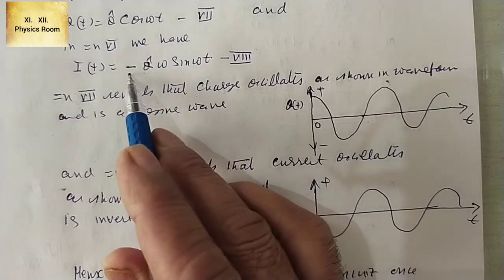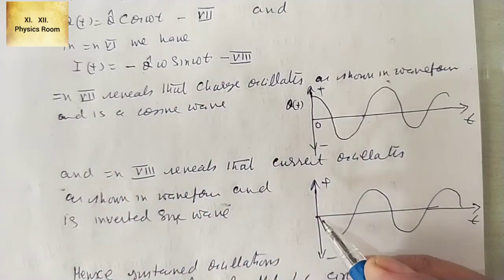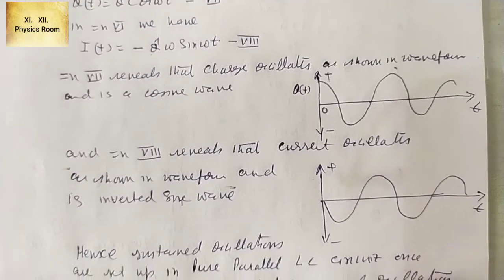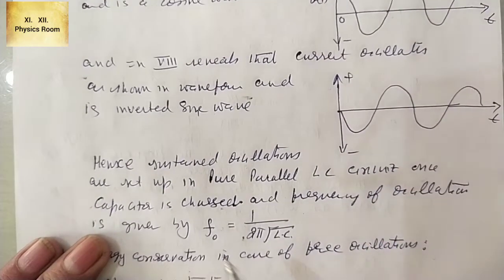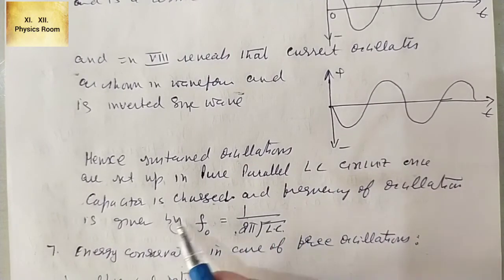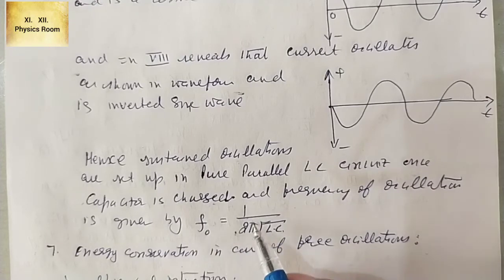It's minus and sine, so a sine wave but starts on the opposite side. Hence sustained oscillations are set up in a pure LC circuit once the capacitor is charged, and the frequency of oscillation is given by f0 equal to 1 by 2 pi root LC.